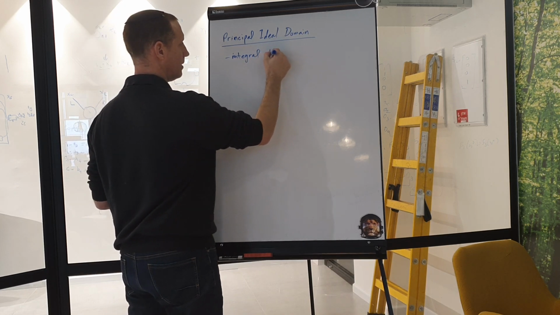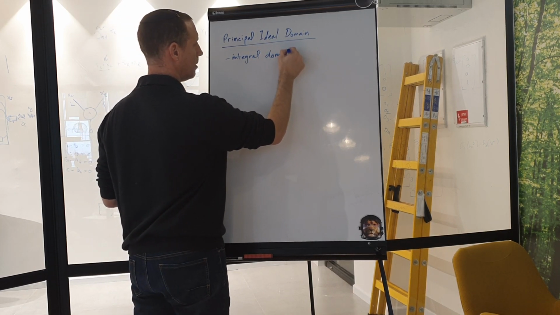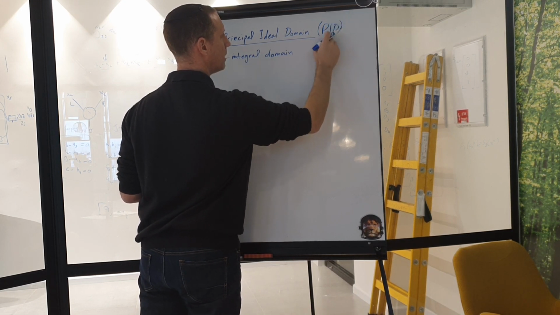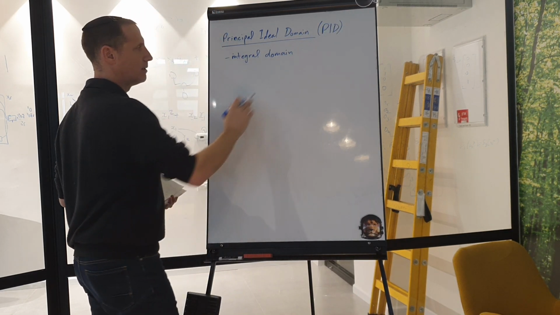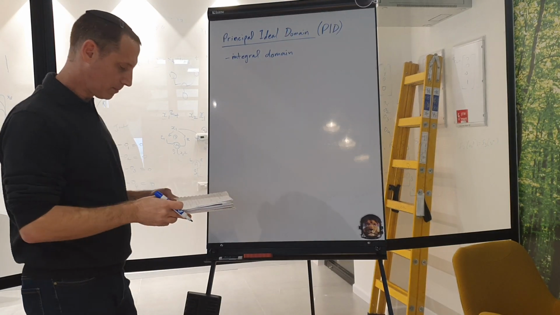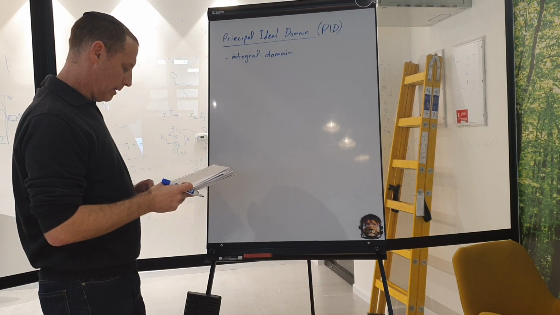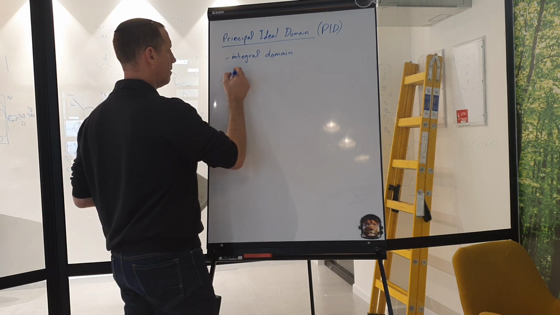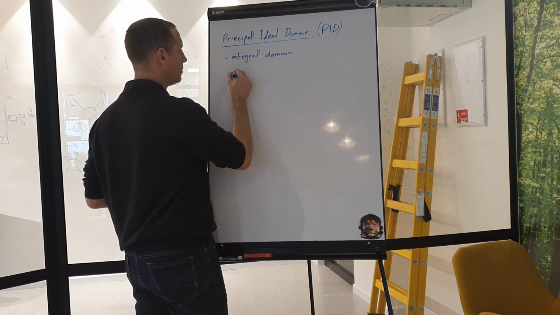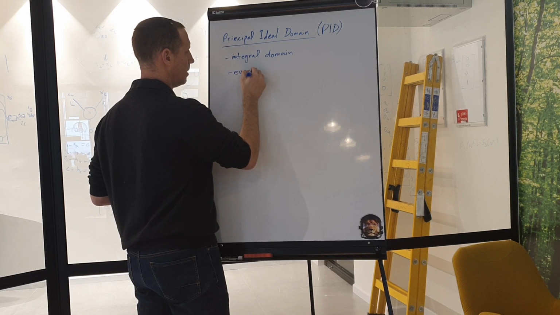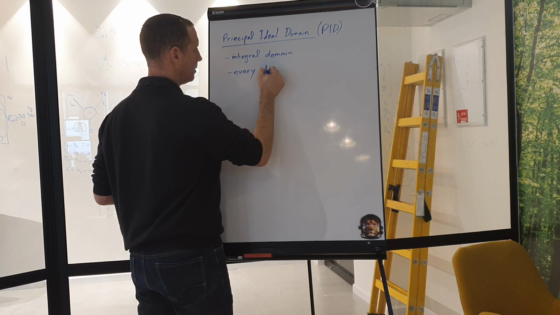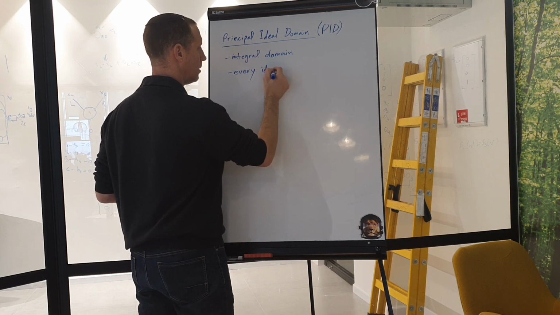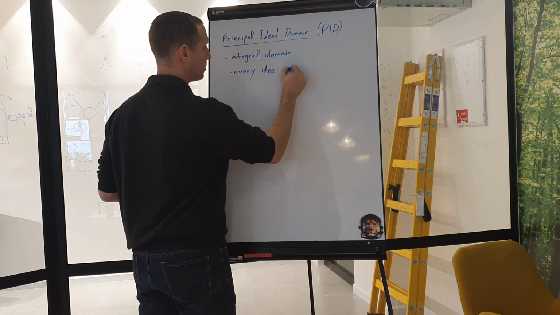So we inherit the structure, and by the way, it's often called PID. So we inherit the structure of an integral domain, but additionally, in a principal ideal domain, every ideal is principal.